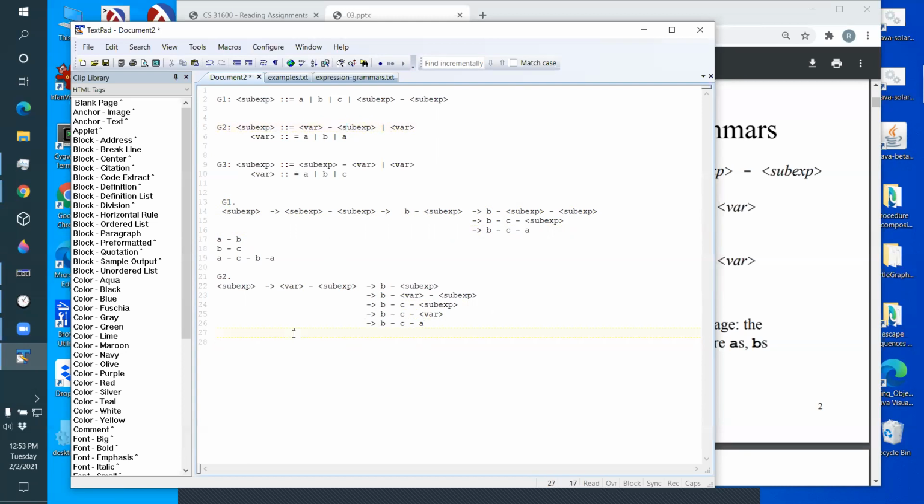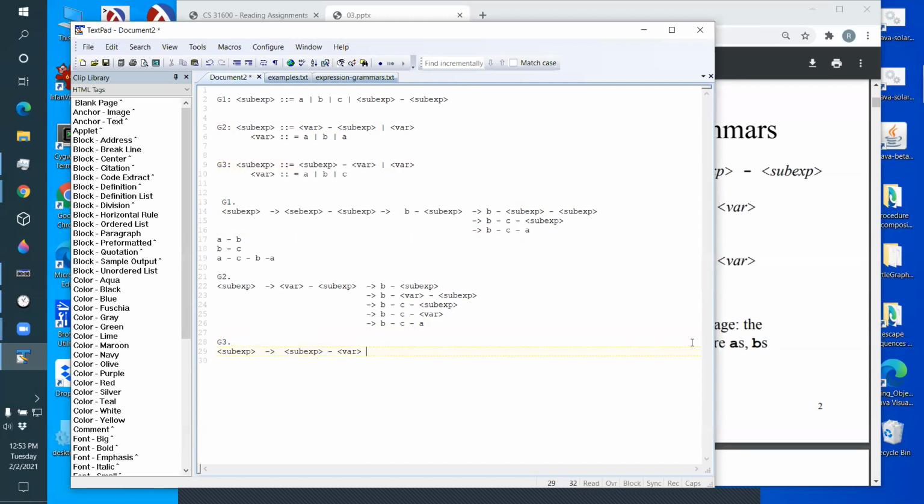And if you do a G3 example, it's very similar to G2. If you start with this, G3 would give me, unless I just want one single variable, I have to start with this to get something more interesting.